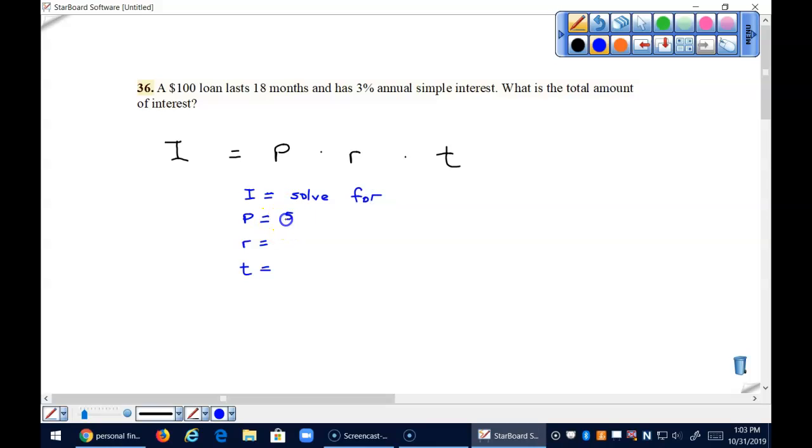My principal is 100. My rate is 3%, so that'll be 0.03. And my time is 18 months. So how do I change that?